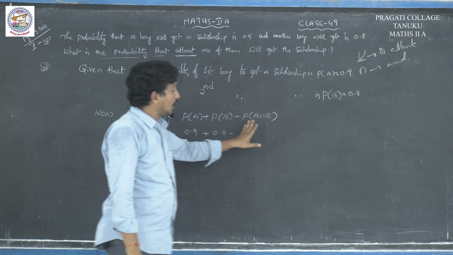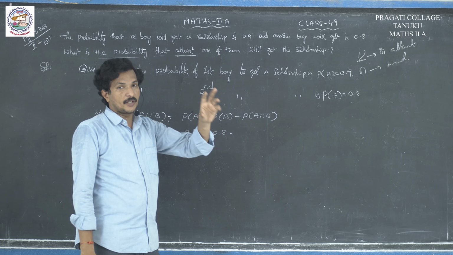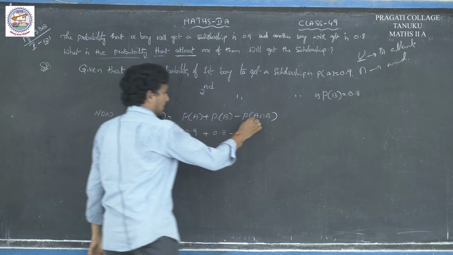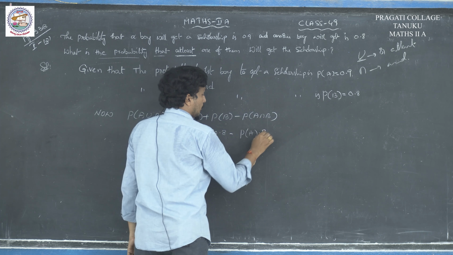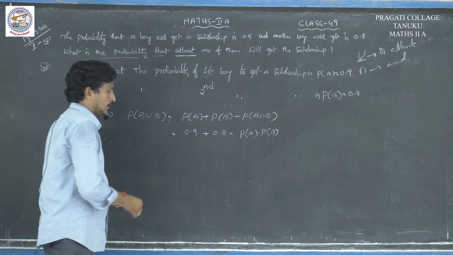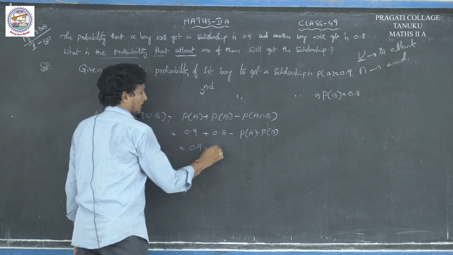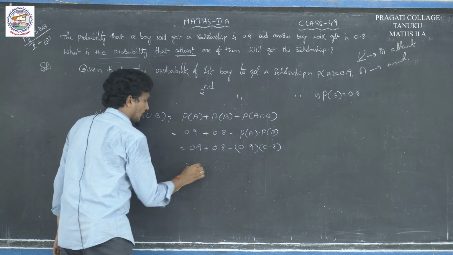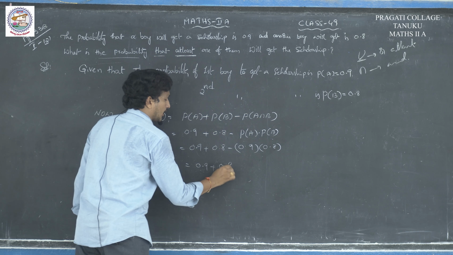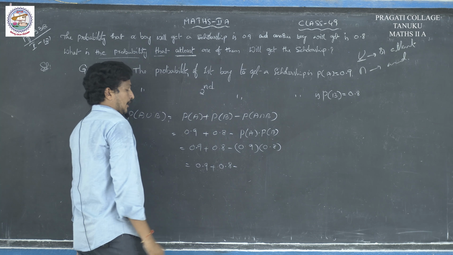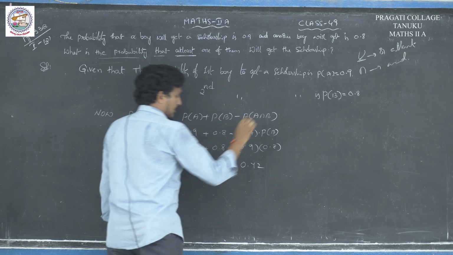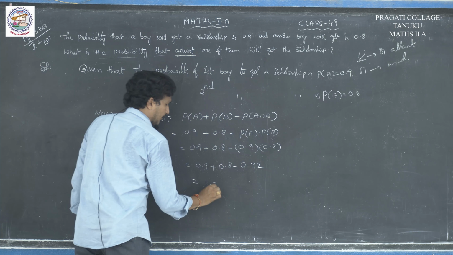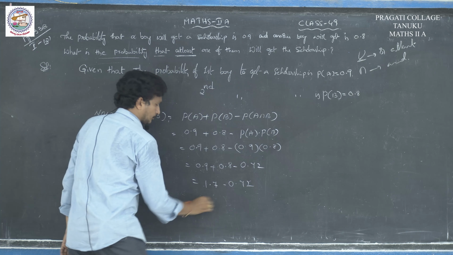Here we observe that P of A intersection B is equal to P of A into P of B because they are independent. There is no relation between these two persons A and B. So it can be written as P of A into P of B. This is equal to 0.9 plus 0.8 minus 0.9 into 0.8. 9 eights are 72, that means 0.72. 0.9 plus 0.8 means 1.7, minus 0.72.